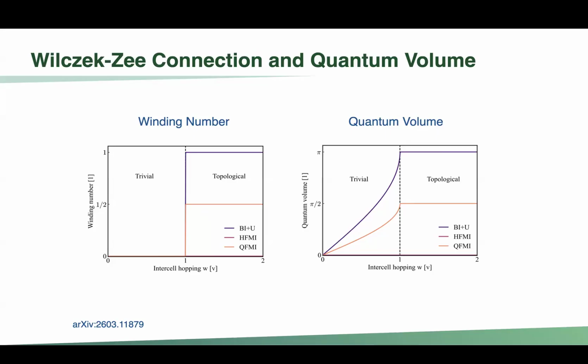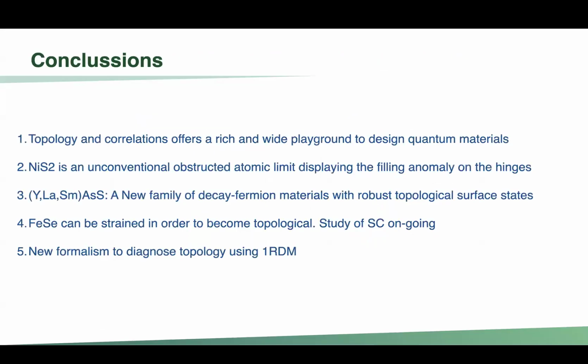And when we look at the quantum volume, we get basically the same result, where there is a region where we find this topological feature, which coincides with the winding number of Wilczek. So this gives us a possibility to actually explore how these could be used to diagnose topology in real materials.